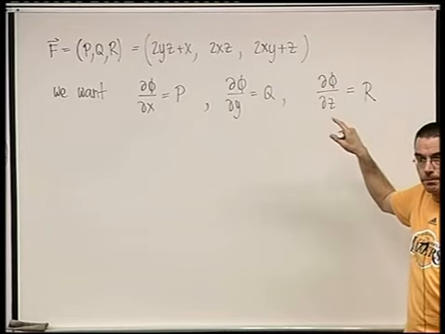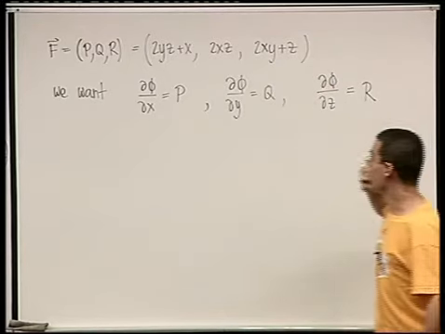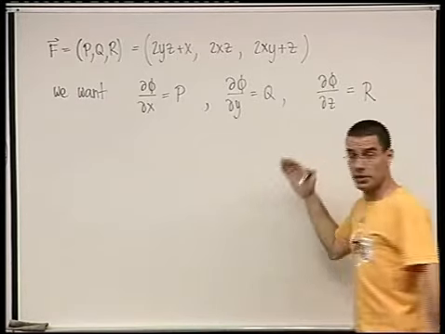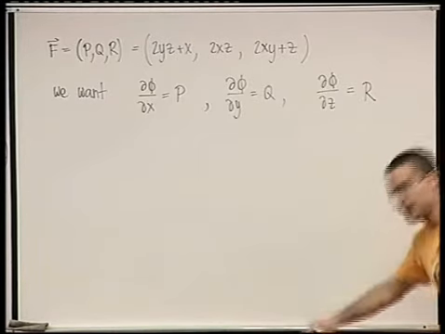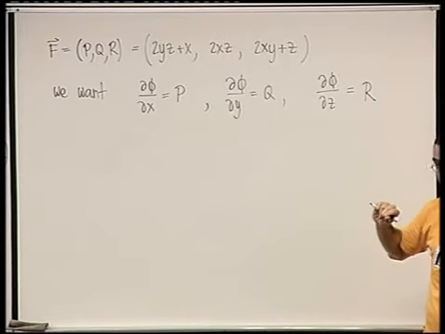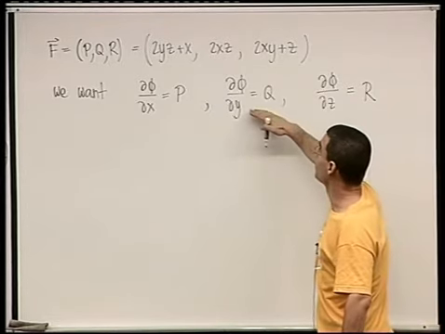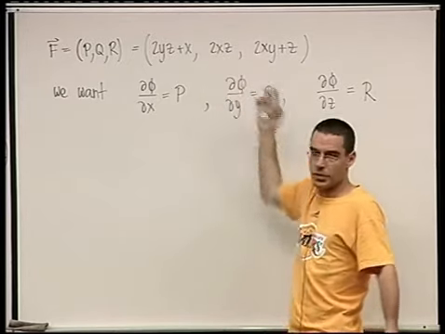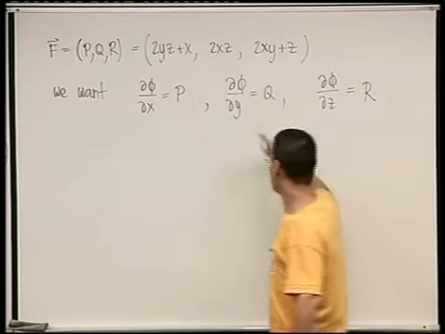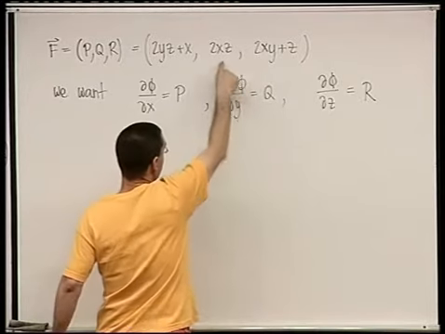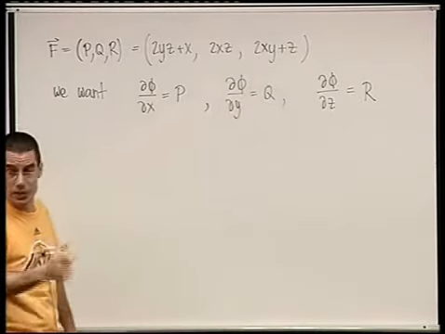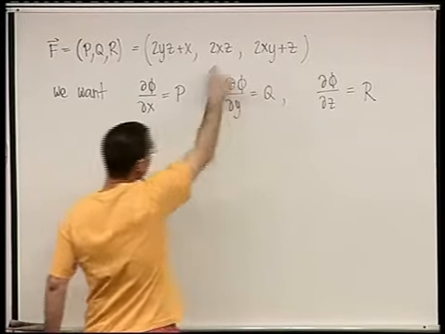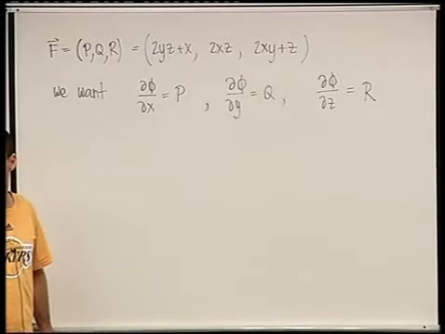Right? Everybody good? Okay. So we did similar examples for 2 dimensions. It's exactly the same idea, the same method. So I'm going to start with this one because this one just looks the easiest, but you can start with any one you want. Okay? So I know that the derivative of phi with respect to y has to be 2xz. So phi itself has to be the integral dy of 2xz. Do you agree?